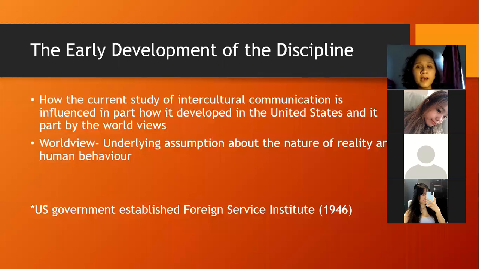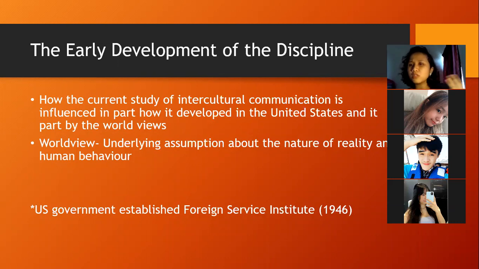So when we talk about how intercultural communication developed, mainly we refer to the United States for every single thing. Why? Because it's one of the world powers that controls everything, be it economy, entertainment, and so forth.